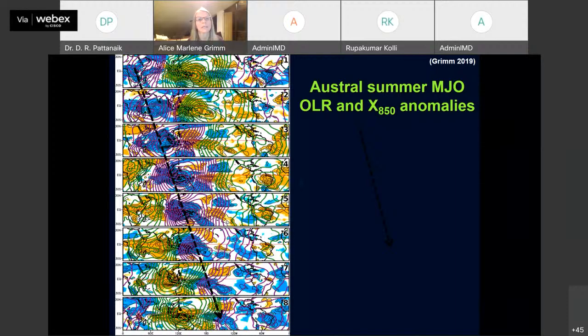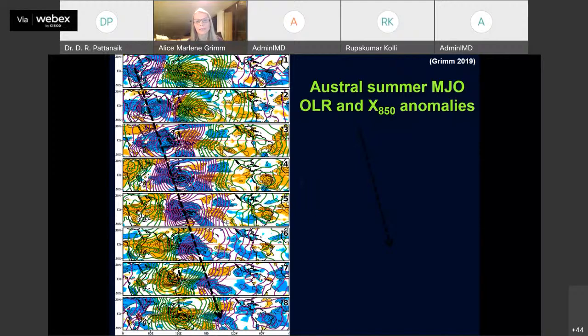So without discriminating by ENSO state, we can see that the strongest convection propagates from the Indian Ocean to the Central Pacific, where it extends southeastward into the South Pacific, in the subtropics of the Central East South Pacific.